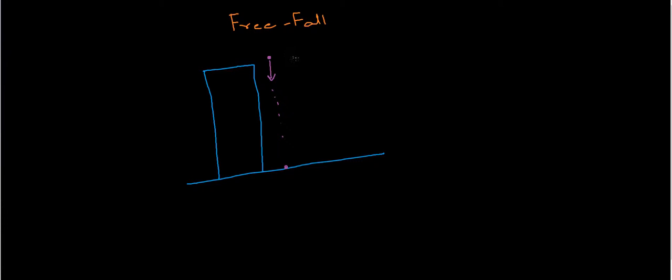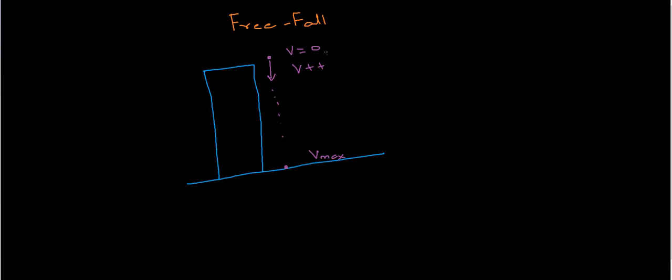Now, if we analyze the whole situation, what we learn is initially, at this height, the velocity of the object was zero in the downward direction because you were holding the ball. As soon as you release the ball, the velocity starts to increase, and as it moves downwards, the velocity keeps on increasing, and ultimately when it reaches the surface of the earth, the velocity of the ball is maximum.